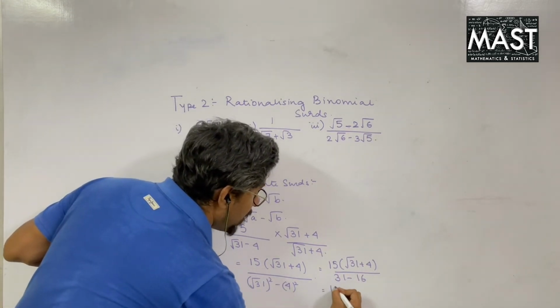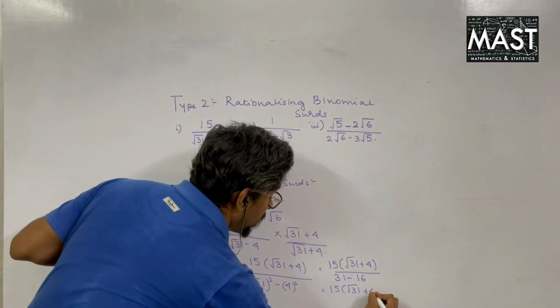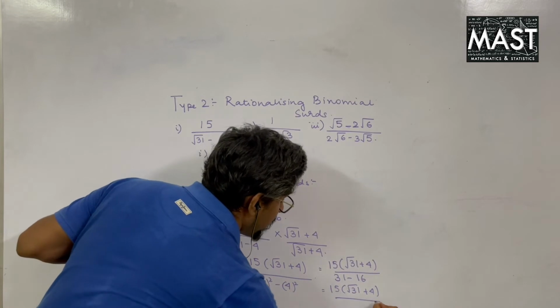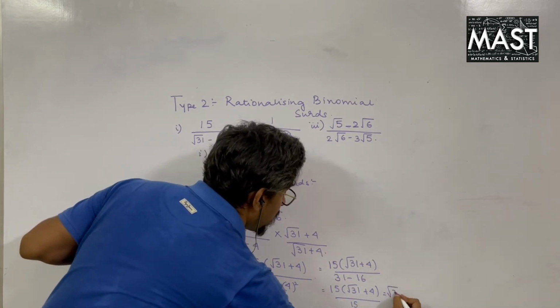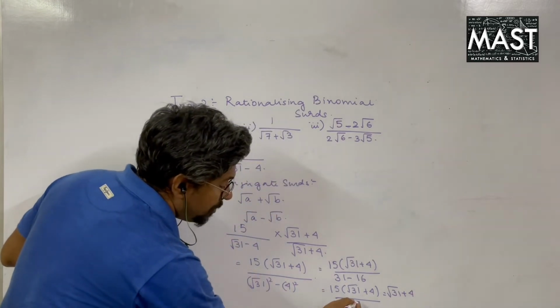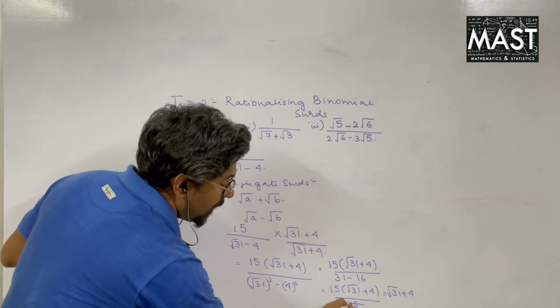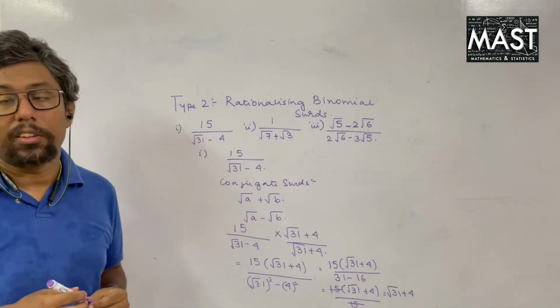So you will have 15 into root 31 plus 4 by 15, which will give you the answer of root 31 plus 4. Now since you have 15 and 15 in the numerator and denominator, you can cancel them off.